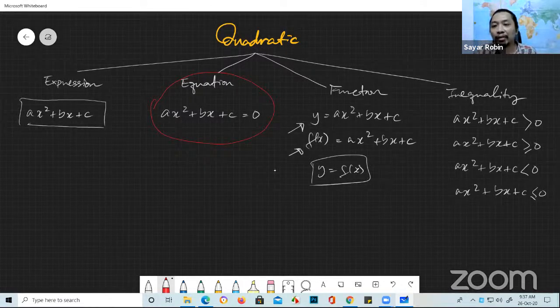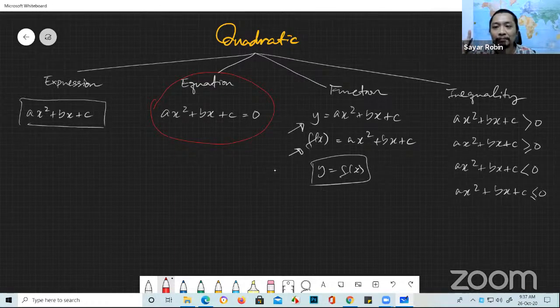I'm going to simply explain how to solve quadratic equations. Solving an equation, whether quadratic or not, means we are going to find the unknown.